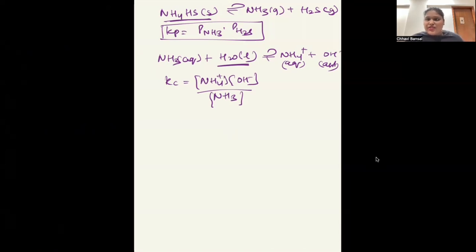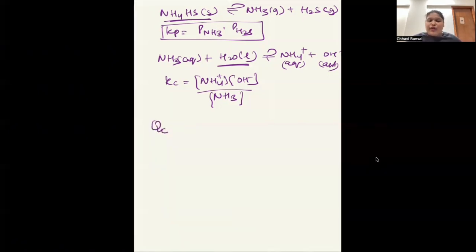Now, next is reaction quotient. We considered the value of Q, right? So QC and KC we are going to deal with. QC is the reaction quotient in terms of concentration, and KC is the equilibrium constant in terms of concentration. I told you Q can be at any time.